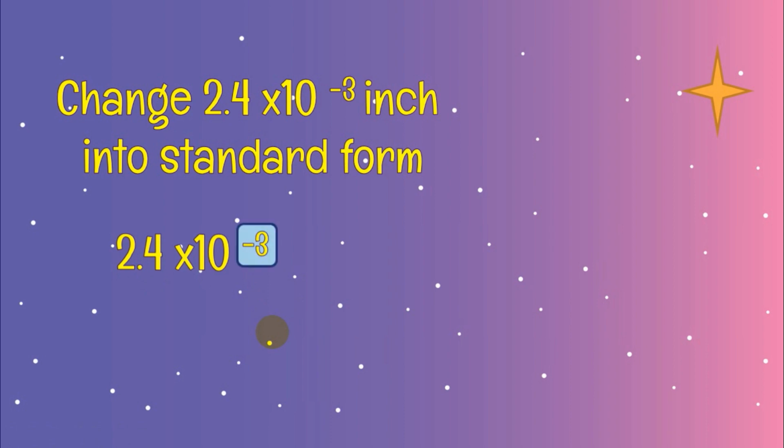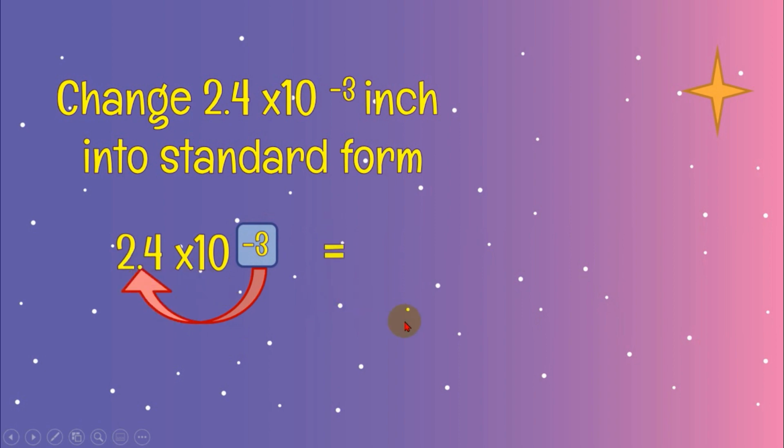Your exponent is negative 3. And this tells how many times you are going to move the decimal point. So, ibig sabihin, 3 beses. However, since your exponent is negative, you are going to move the decimal point going to the left. So, i-move natin. Yan. See?